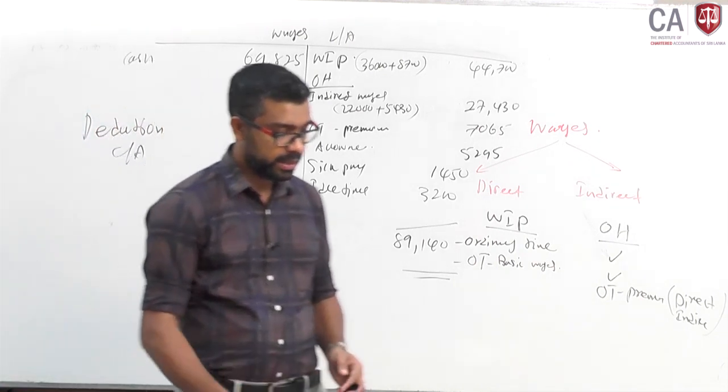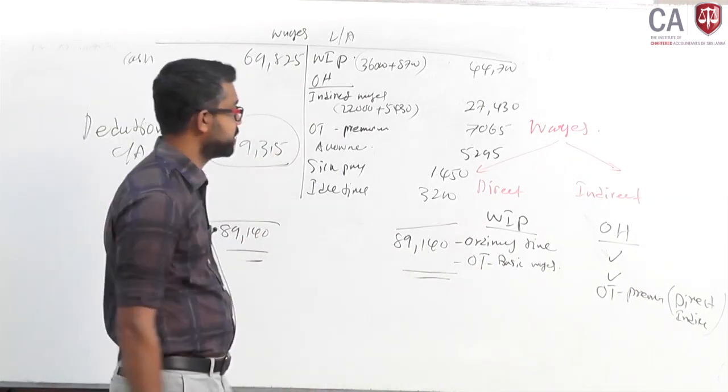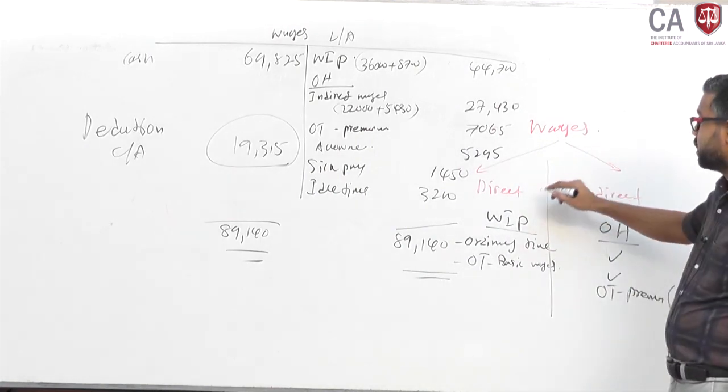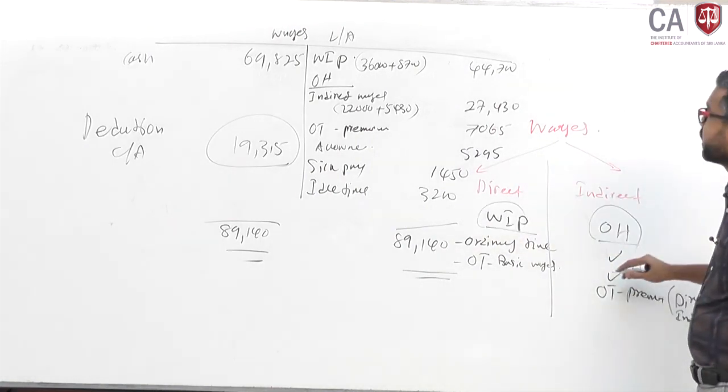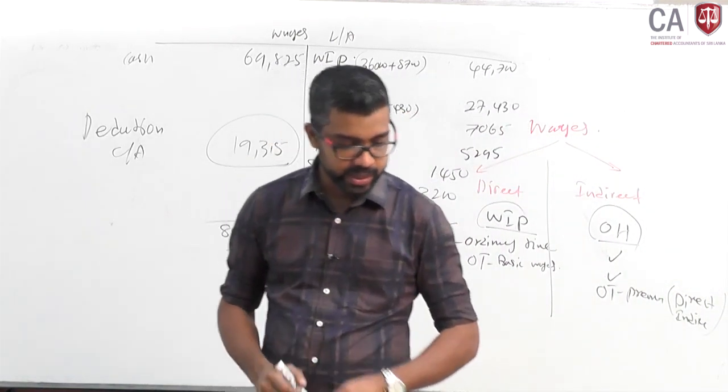So this will be the deduction control account. The wages balance is what is deducted. Understand well what goes to direct WIP and what goes to overhead. Only these two go to the WIP account. That's very clear.